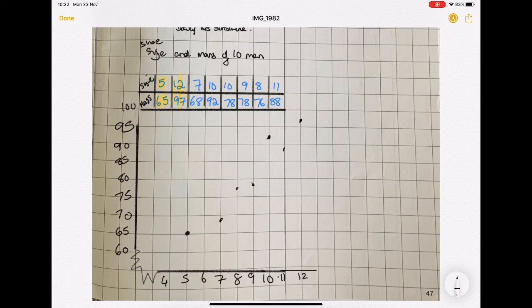So now you should have all of those points plotted, and we need to draw a line of best fit and comment on the correlation, okay?